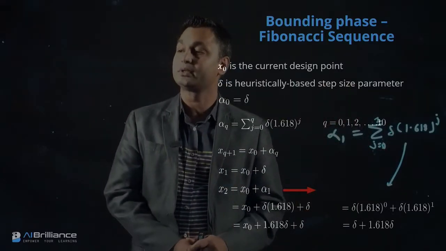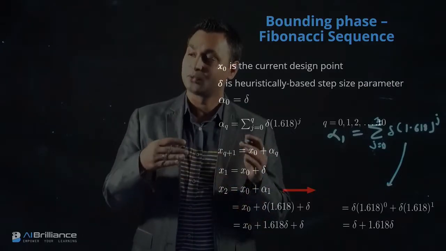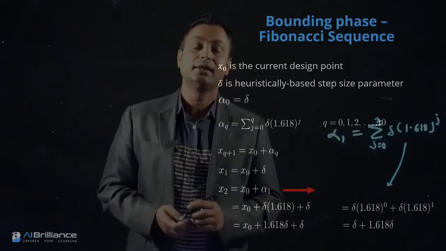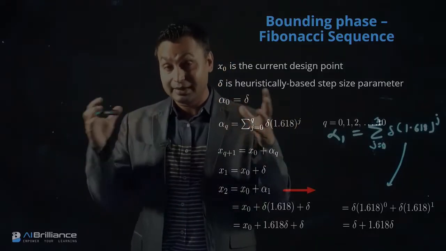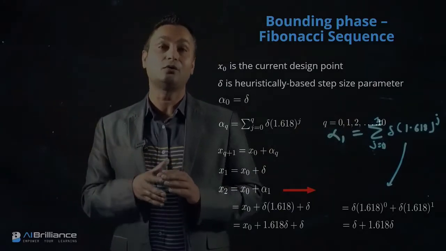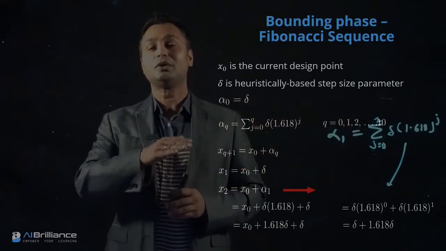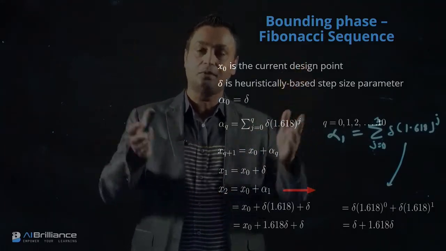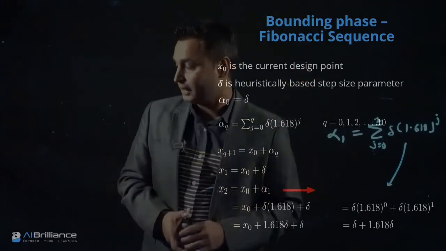This is how we select x0, x1 and x2, which are the three initial sample points, and then we look for the three cases that we have discussed: whether to move right, whether to move left, in the positive or the negative direction, or the third case where the optimum is bounded, then we stop, right, and that is what is done.